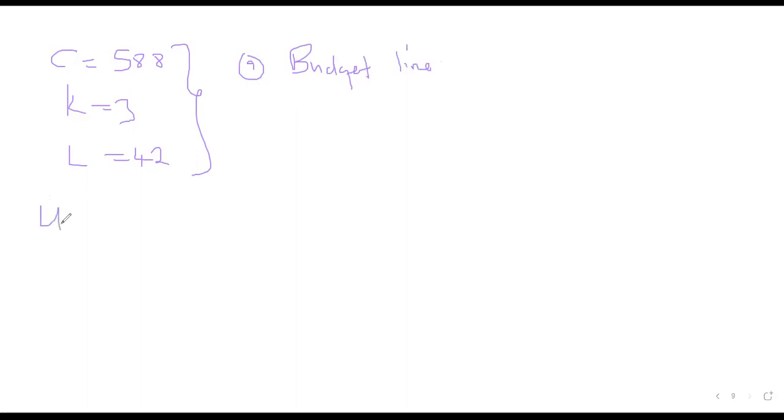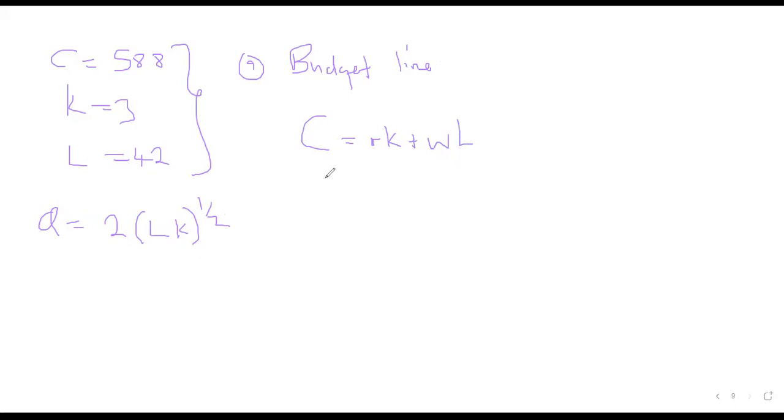The production function has been given by 2 L K to the power half. So who remembers how we write down the budget line? The cost is equal to what? Rent for capital plus wages for what?